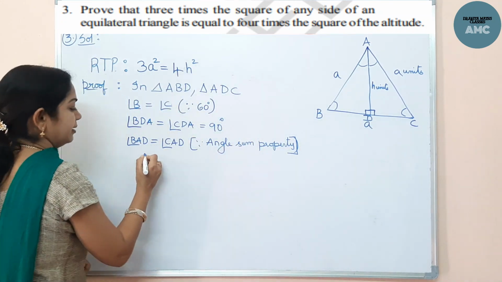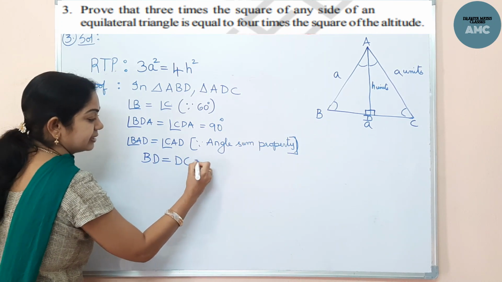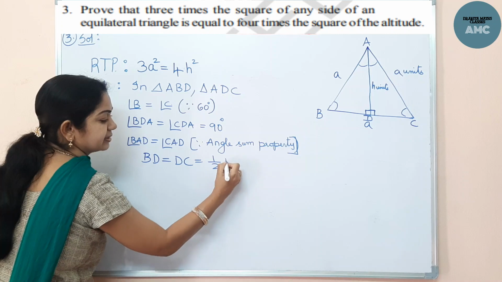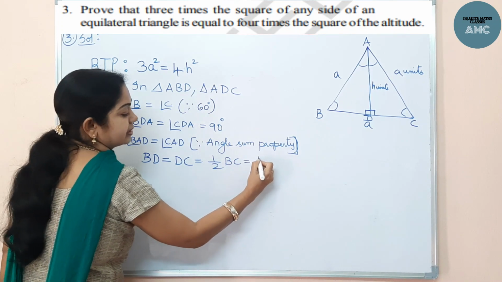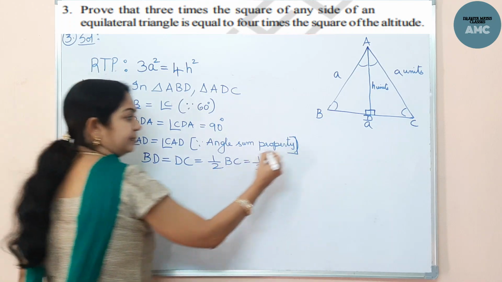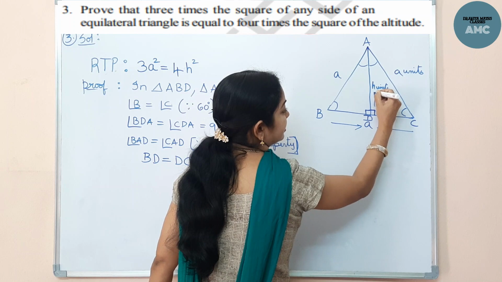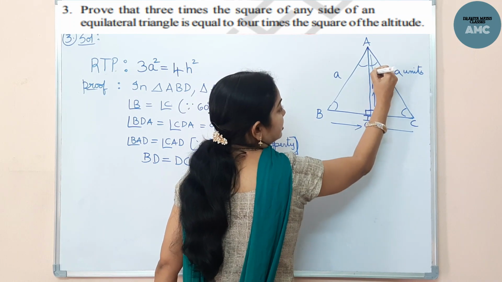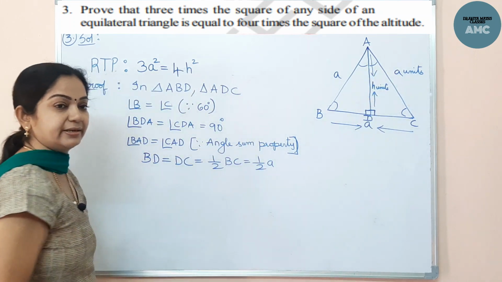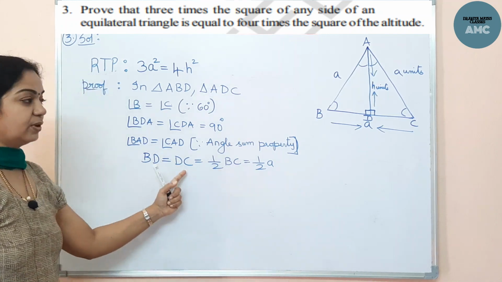This is equal to half BC. Now I am supposing the complete side as A, so this becomes half of A. This complete thing is H. This is the altitude, that is the side. So half A.